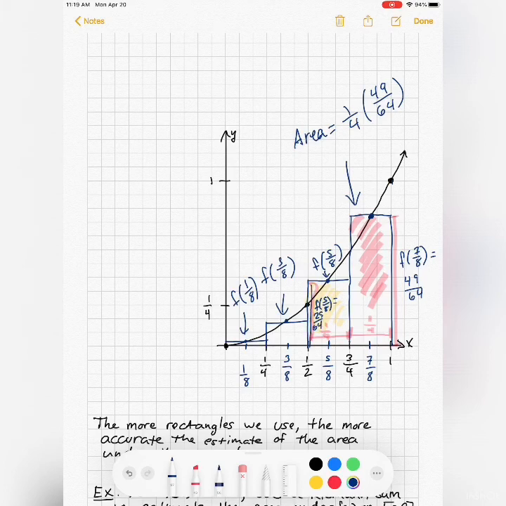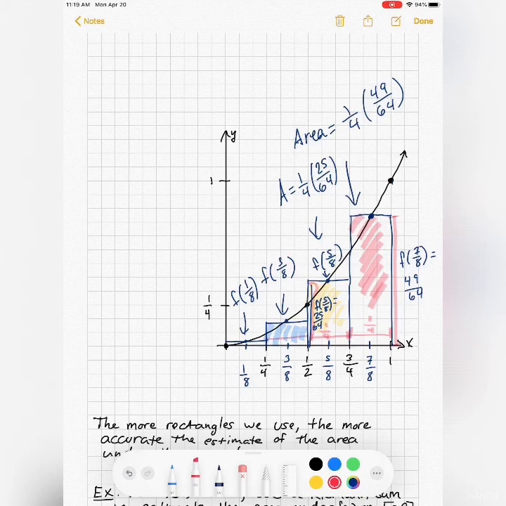Okay, that's the height here. So again, to get the area, I multiply the base times the height. So next one. Okay, so same thing.